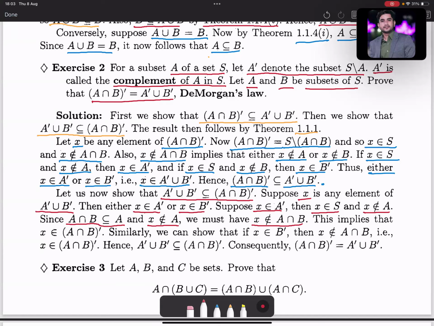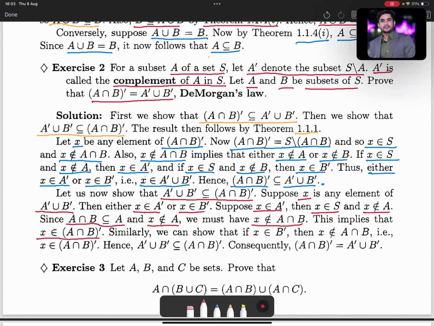This implies that it should lie among all those elements in the set which do not belong to this intersection.